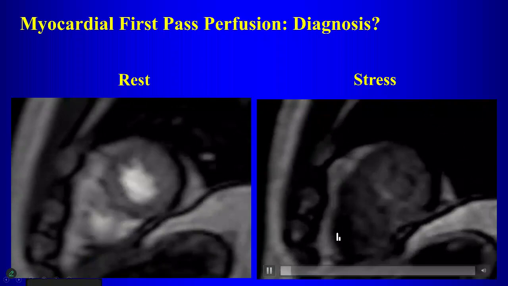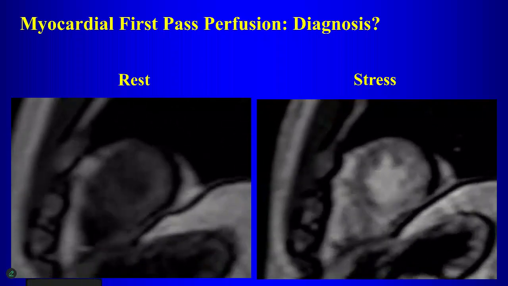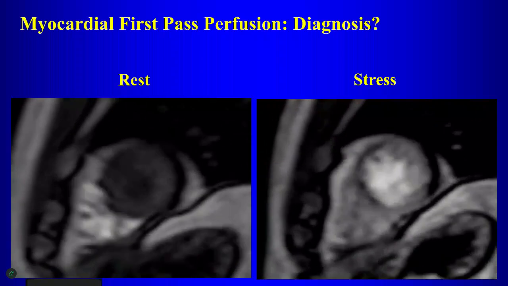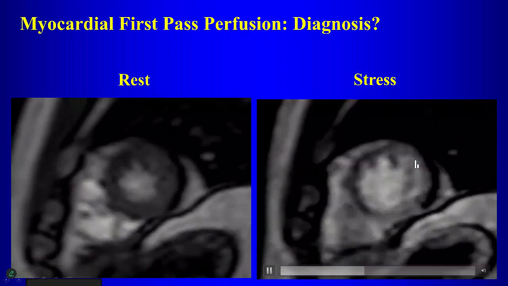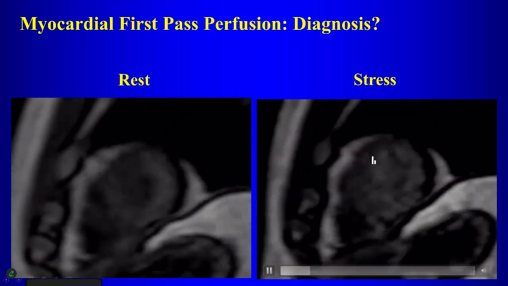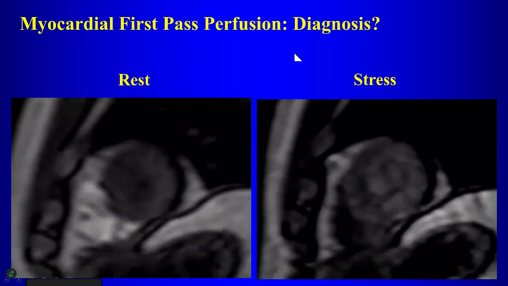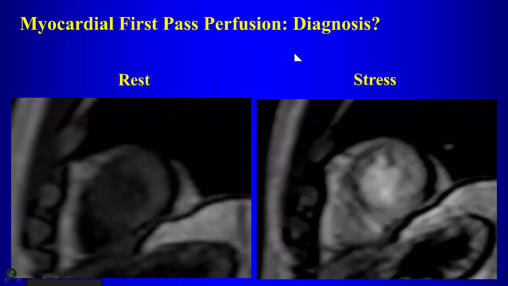On the stress images, there's a perfusion defect, right? There's decreased enhancement along the anterior wall and septum, right? So that's in what vascular distribution? LAD. LAD, right.